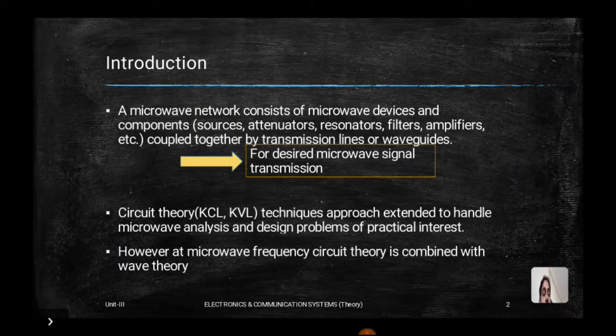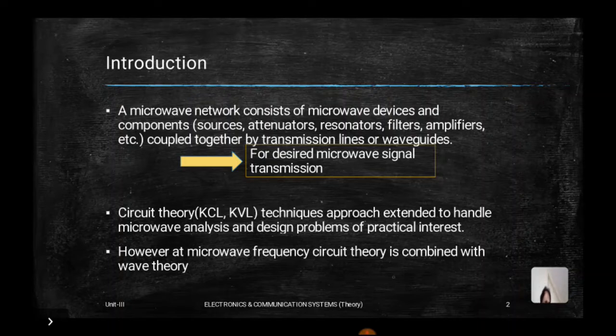KCL and KVL are basically used at lower frequencies to find the different node voltages and currents. But at a higher frequency, can we use the same circuit theory? We will see that we can use it to some extent, but for practical reasons we cannot fully rely on circuit theory, so we need some other approach to high frequency networks, which we will see shortly.